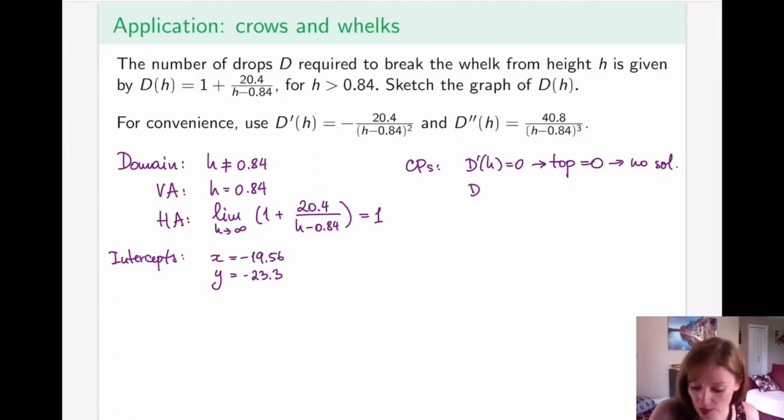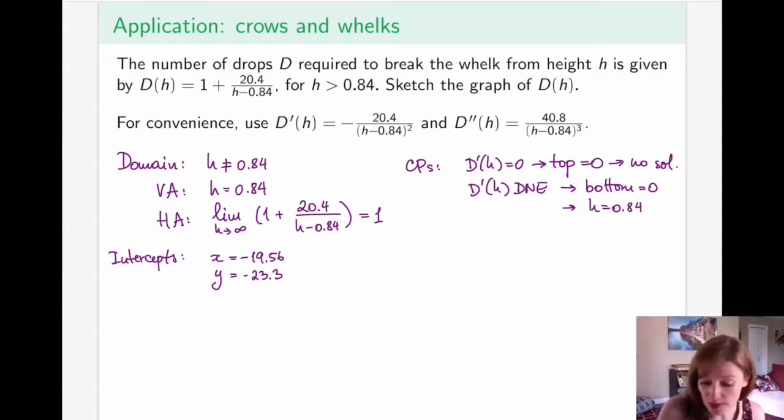Now the derivative does not exist. When does a fraction not exist? A fraction does not exist exactly when the bottom is 0. So I have these two cases that I will always follow, and the bottom in this case is 0 when h is equal to 0.84. So that is going to be one of my critical points, and in fact, this is then my only critical point under consideration.